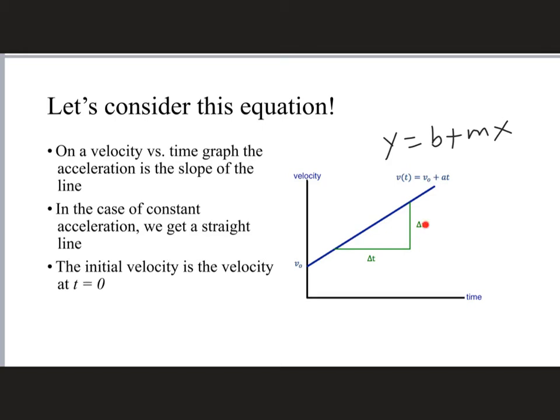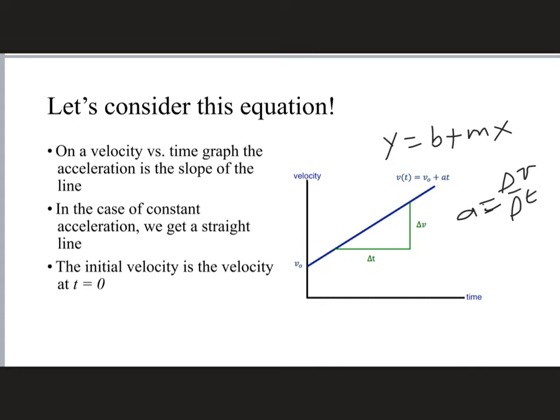And if I do delta v over delta t, the rise over the run, that would be the slope. But that's also the definition of acceleration. a is equal to the change in velocity over the change in time. And so the rise over run that we see is delta v over delta t. That's just the acceleration. And so we can see in the formula too that that's the slope.